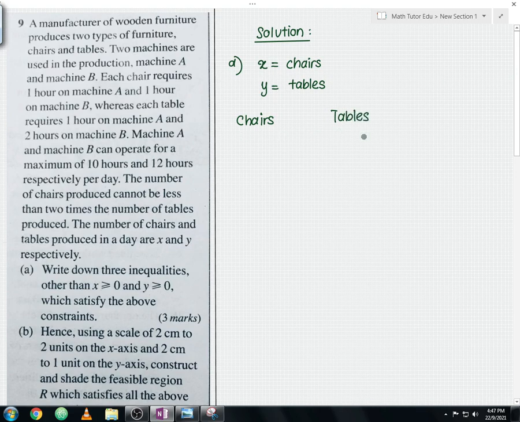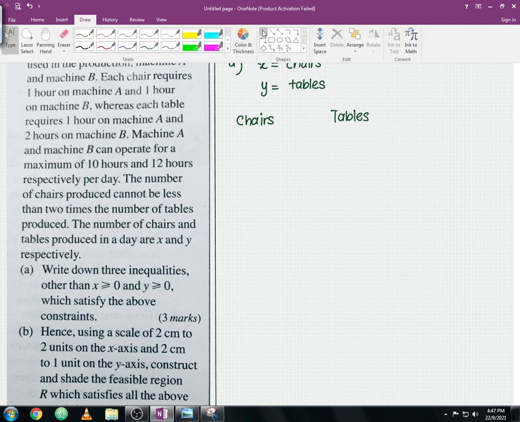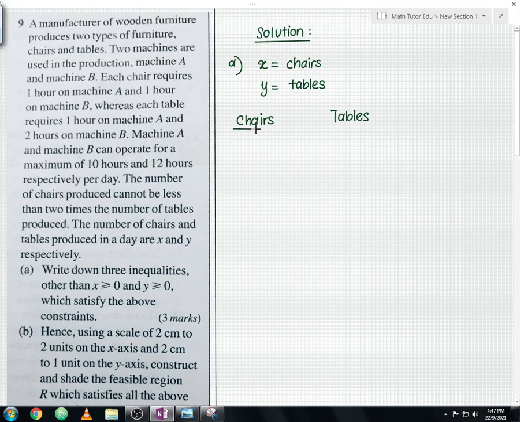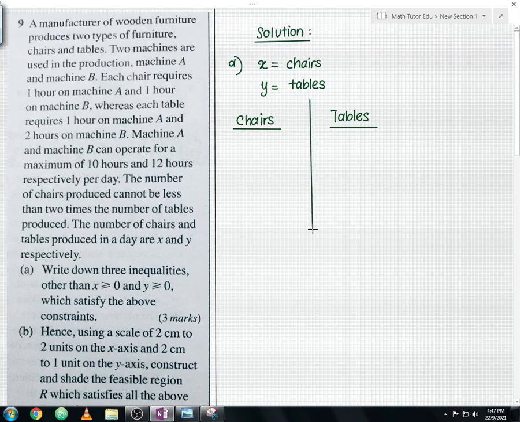Let me underline this 2, and I make a line for the comparison. So from here let us start with the chairs.